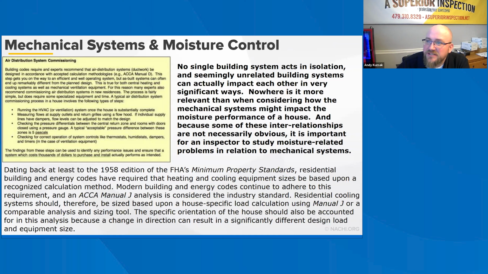Sealed combustion equipment, such as a sealed combustion natural gas furnace, draws all air for combustion directly from the outdoors via a dedicated duct and combusts the air and fuel in a sealed combustion chamber. Building codes require that ducts be sealed to reduce air leakage and moisture.